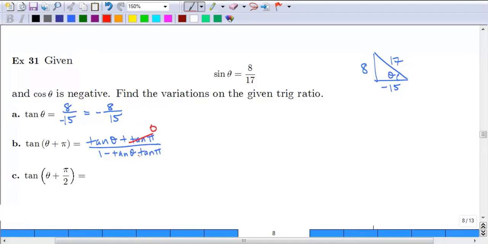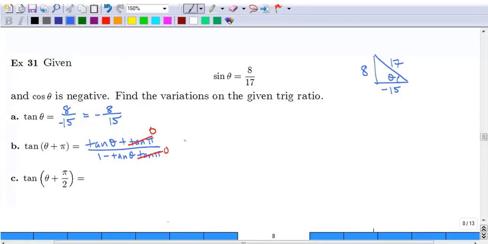Tangent of pi is 0. That's where we kind of start with our second cycle there. So now all we have left up top is tangent of theta. And in the denominator, all we have left is 1, because again, this tangent of theta is times 0. So that's really just tangent of theta, which we already found to be -8/15.